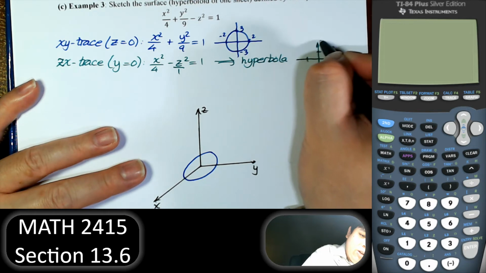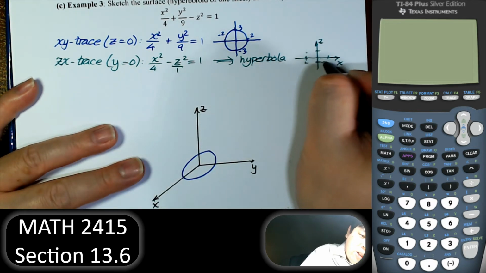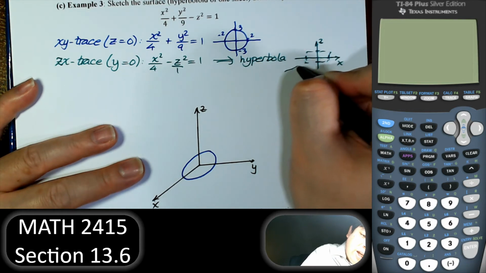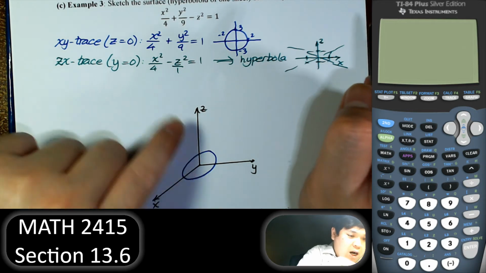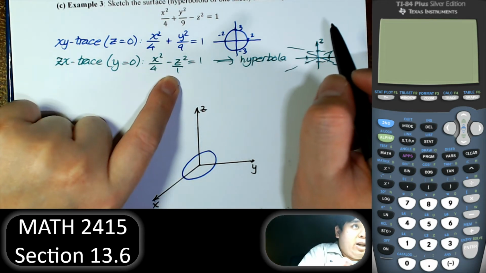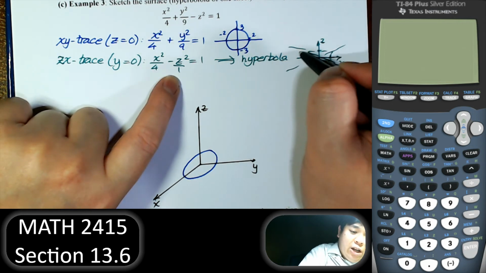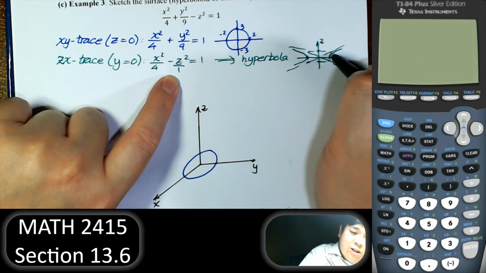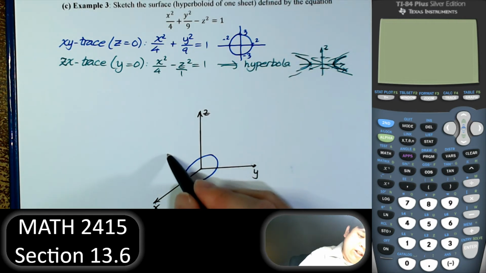So if we have z on the top and x like this, draw a box and diagonals. This one we have x squared minus z squared, so the hyperbola will open in the x direction. So that's what we have. Open in the x direction.